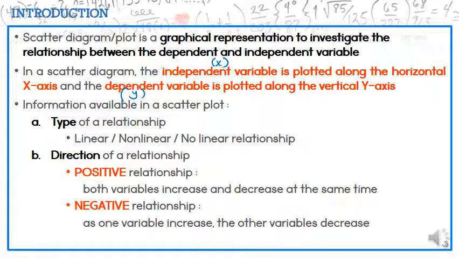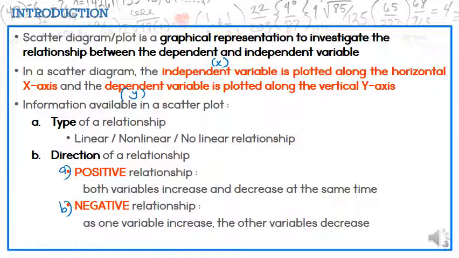You can see whether the relationship is a linear relationship, a non-linear, or there is no linear relationship at all. And number two, we can identify the direction of the relationship. The direction can either be a positive relationship or a negative relationship.